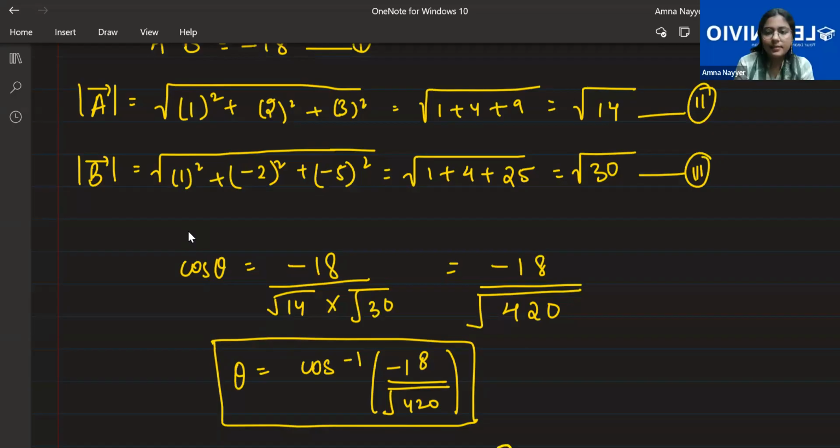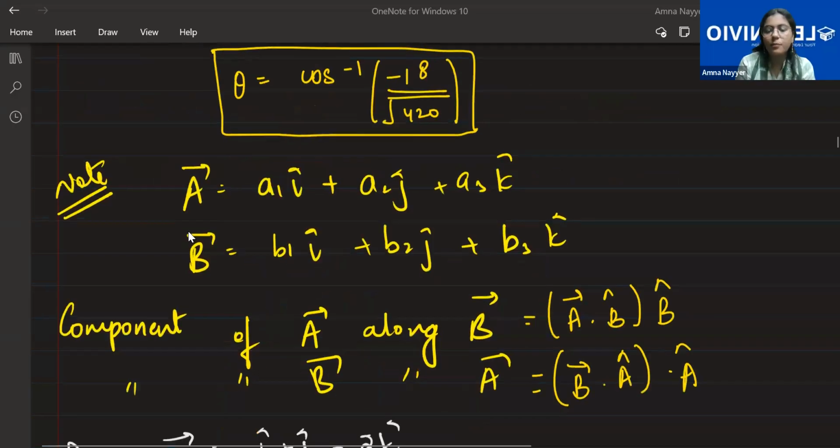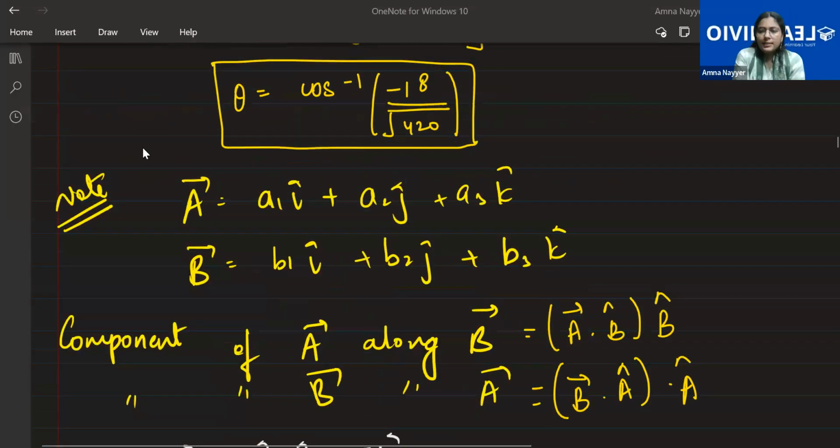Okay, class. There is a concept of component of A along B. Sometimes this can be asked to you. You have the vector A1 I cap plus A2 J cap plus A3 K cap, and B vector B1 I cap plus B2 J cap plus B3 K cap.